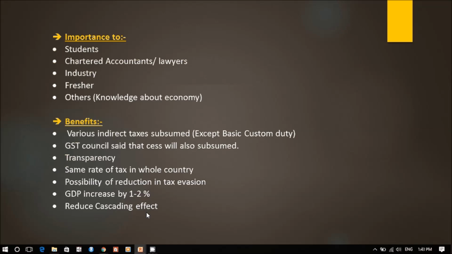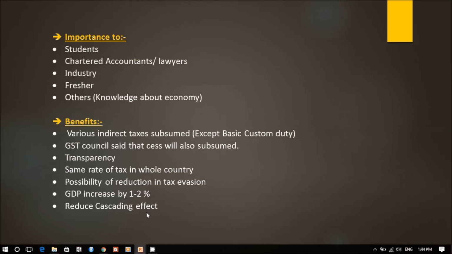Now, if I want to tell you the benefits of GST, then there are a lot of benefits. Let's talk about them also. In GST, various indirect taxes are subsumed. Subsumed means they are eliminated and merged into GST.